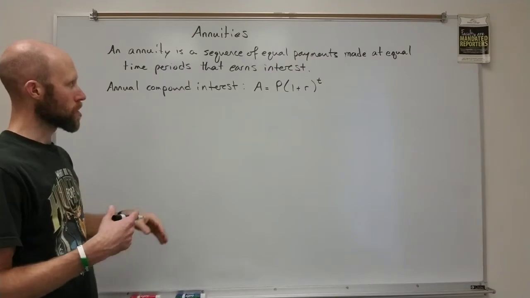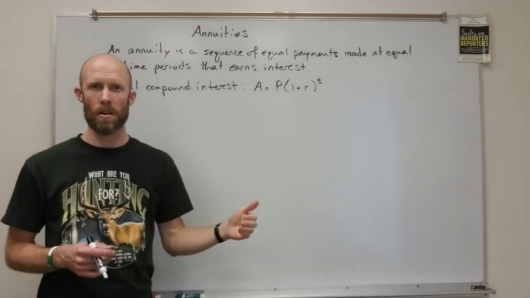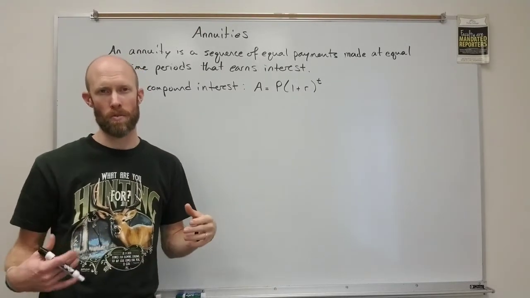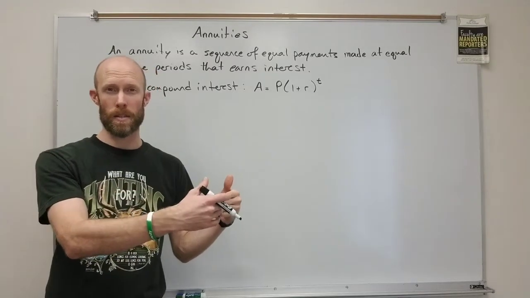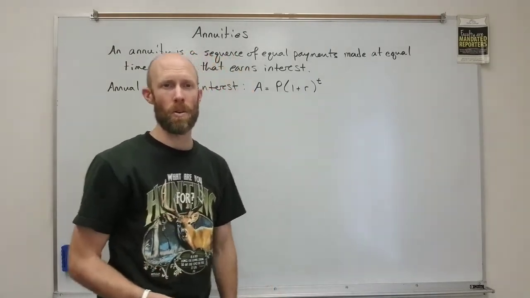If we just assume for a minute that you're making payments every year, so you make a payment at the beginning of the first year, at the end of that year you earn interest, and then make another payment at the beginning of the second year, and at the end of the second year you get interest, and then make another payment, and so forth.